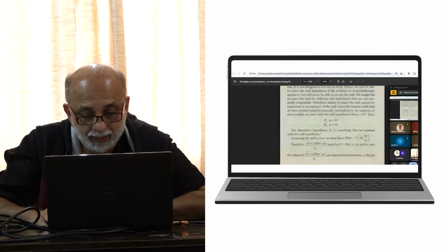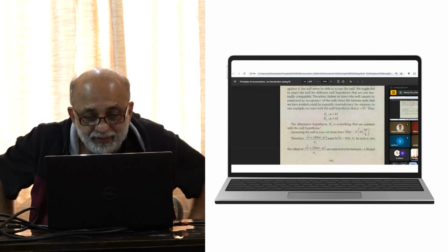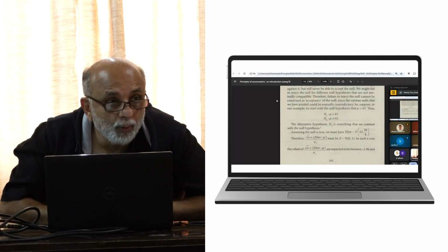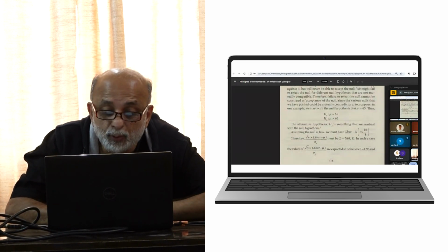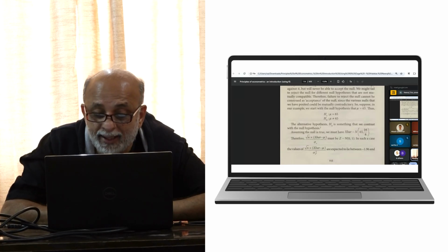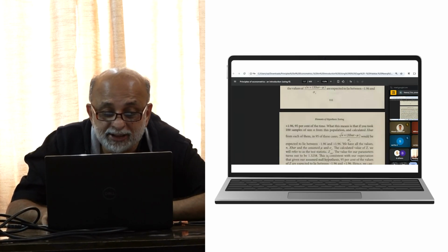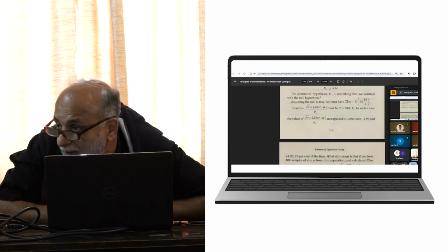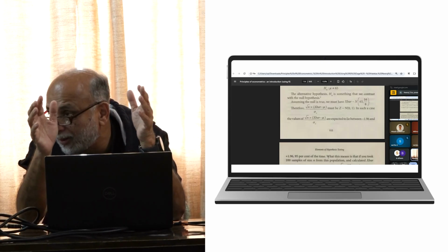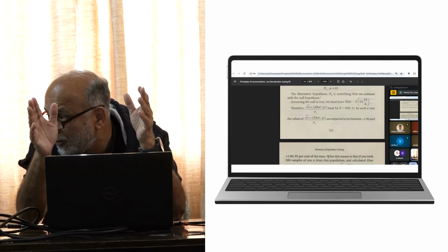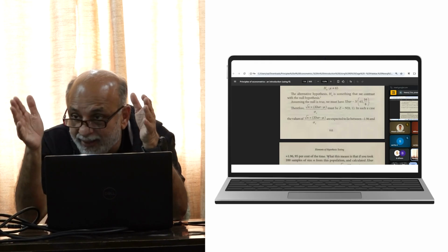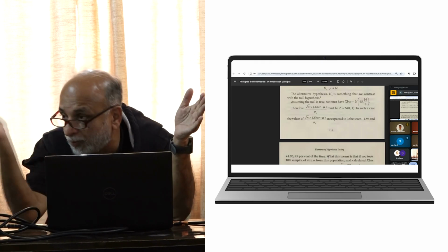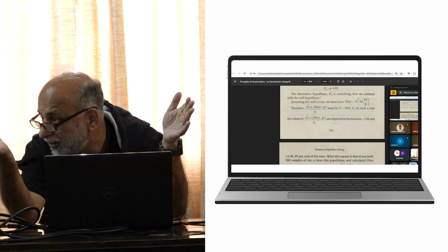So therefore, we know that the values of root n (x bar minus mu) upon sigma will lie between minus 1.96 and plus 1.96 with 95% probability, because it's a standard normal. The 95% area of the standard normal is between minus 1.96 and plus 1.96.